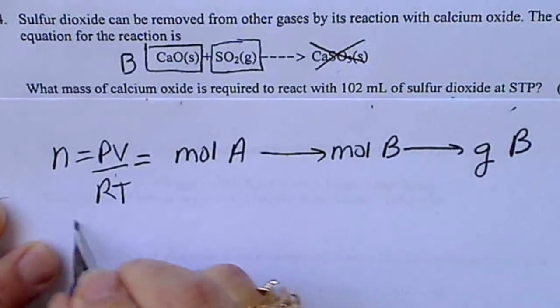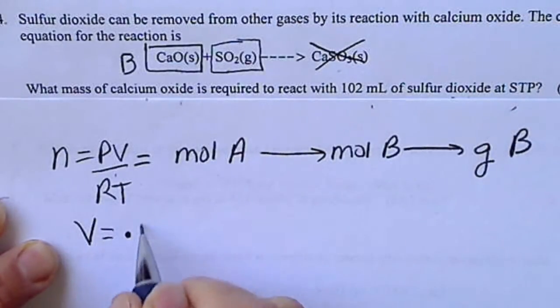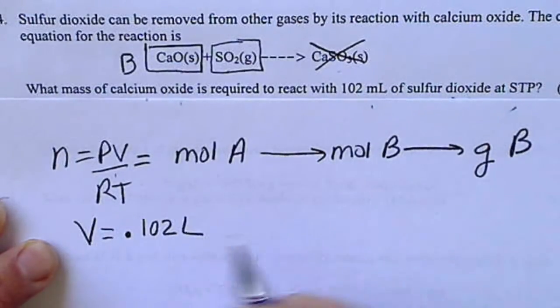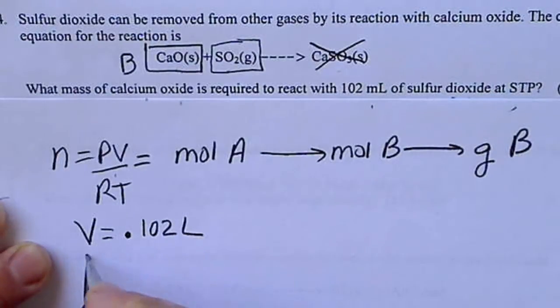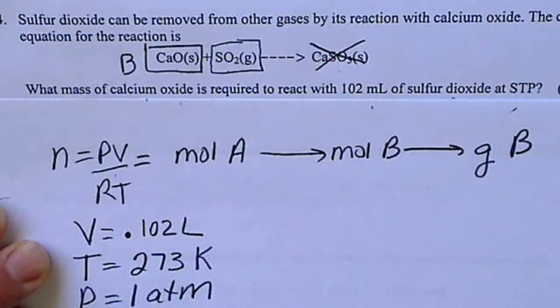And we see that we're given a volume equals 102 milliliters. That's 0.102 liters. STP simply means the temperature is 273 degrees Kelvin and the pressure is 1 atmosphere.